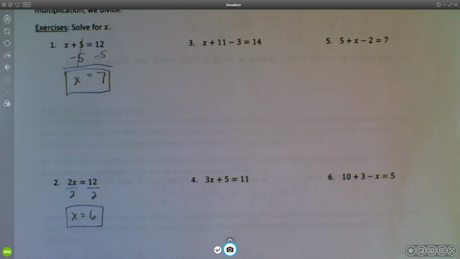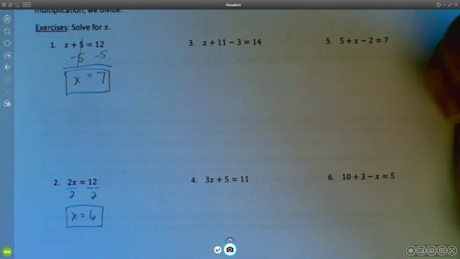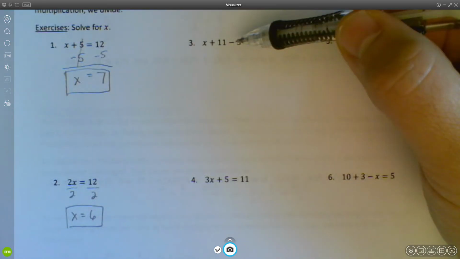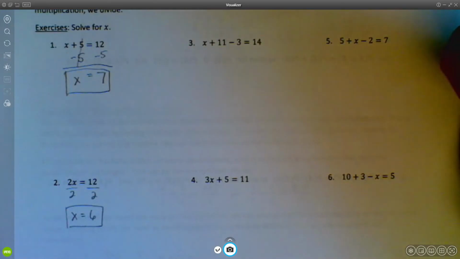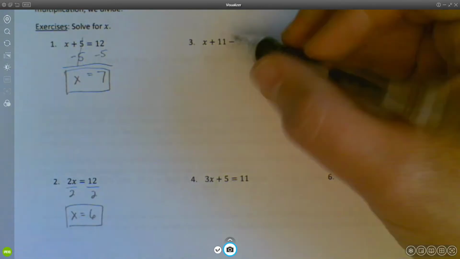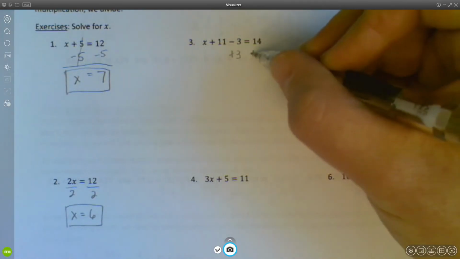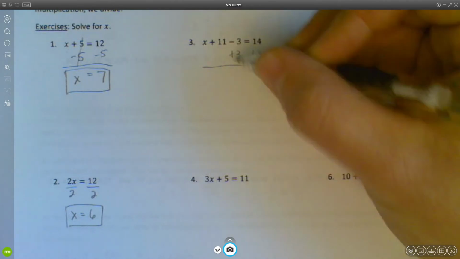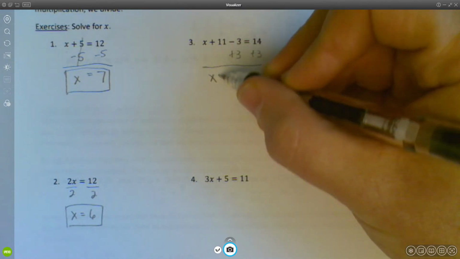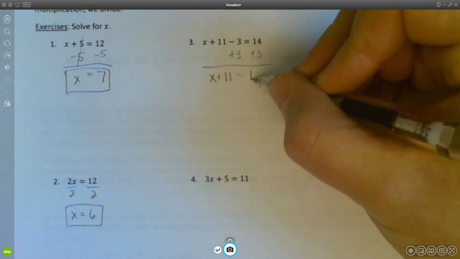Okay? So in general, this is how solving equations works. We might need to do some simplifying first. So on number 3, I'll show you 2 ways that you could do this. One way would be to go ahead and add 3 to both sides to get rid of the 3. And then we'll have x plus 11 equals 17.